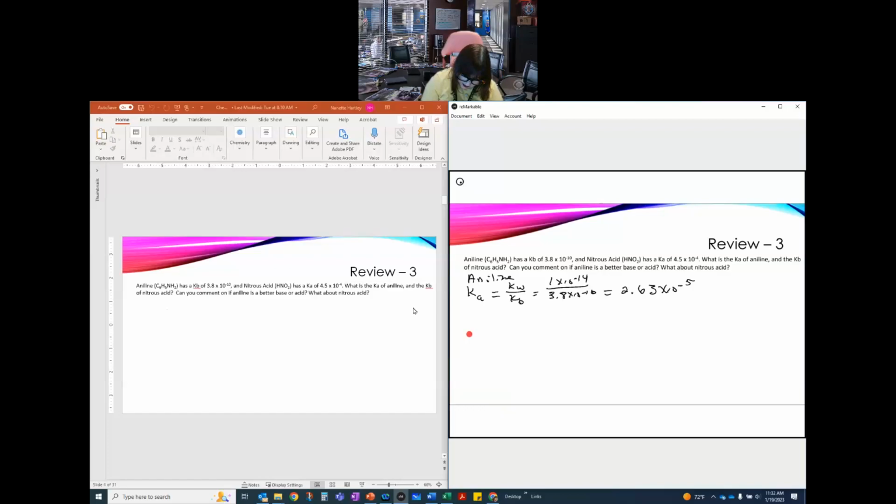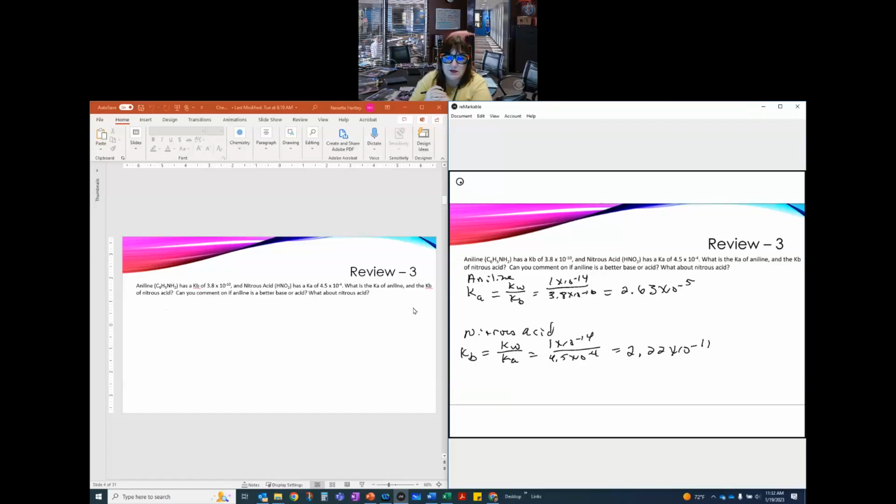And when we talk about nitrous acid, Kb is going to be Kw divided by Ka, which is going to be 1 times 10 to the minus 14th divided by 4.5 times 10 to the minus 4th. That gives me 2.22 times 10 to the negative 11th.